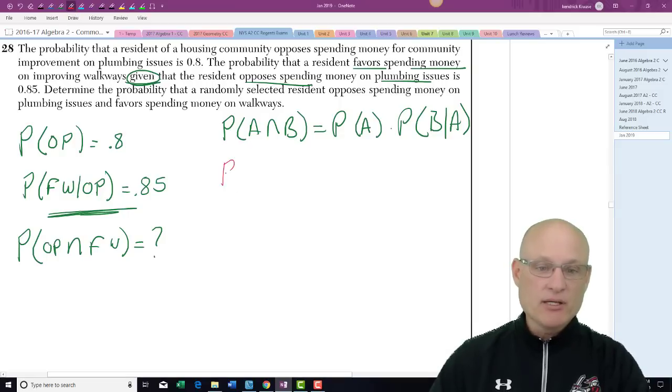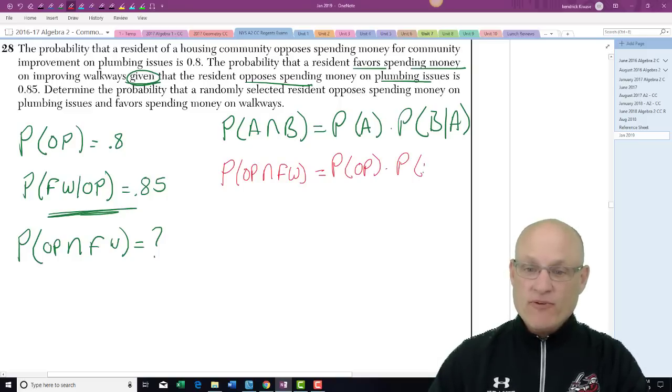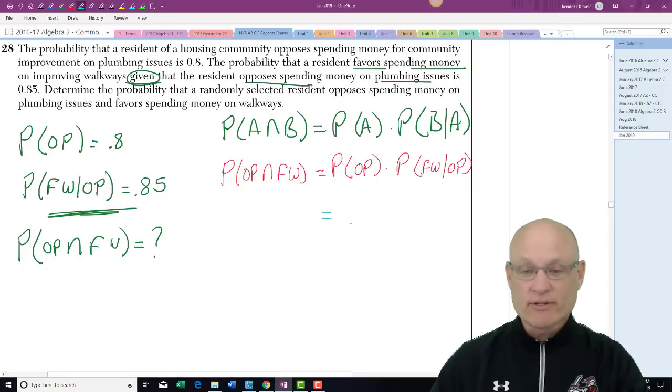The probability of A and B, the probability of opposing plumbing and favoring the walkways, is equal to the probability of opposing plumbing times the probability of favoring walkways given they oppose plumbing. Lo and behold, those are the only two numbers in the problem. This was such a ridiculous question.